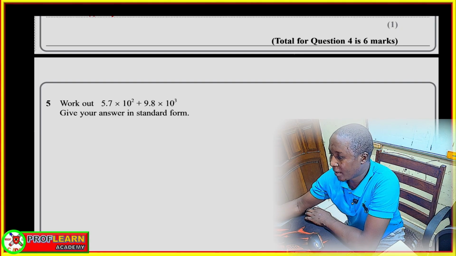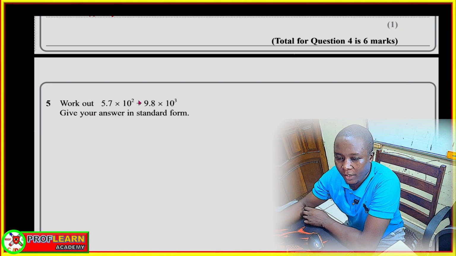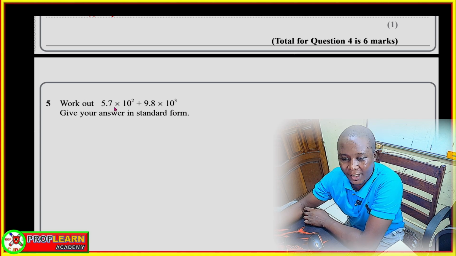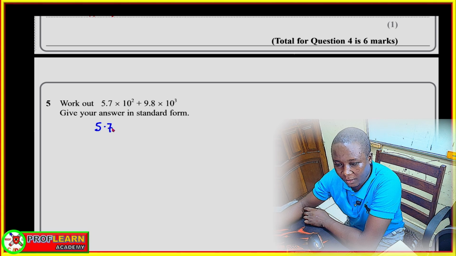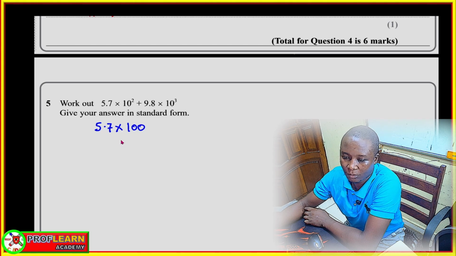Now, the most important thing that you need to do here is to convert this to an ordinary number. So if you are having 5.7 times 10 power 2, it means this is a 10 and 2 zeros. Plus 9.8 times 10 power 3, this means 3 zeros.